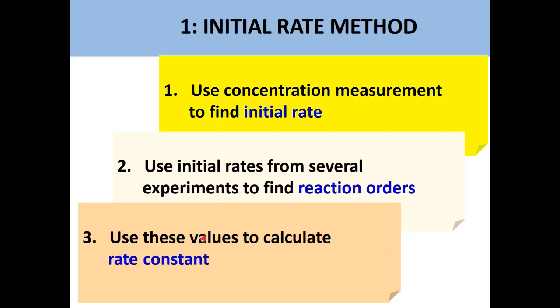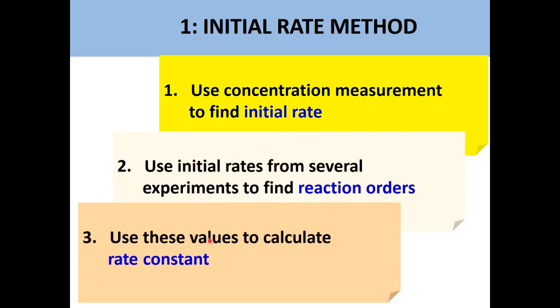For the initial rate method, basically we have to use concentration measurement to find the initial rate. Second, we have to use the initial rate from several experiments to find the reaction order.